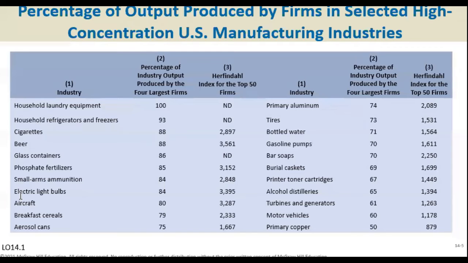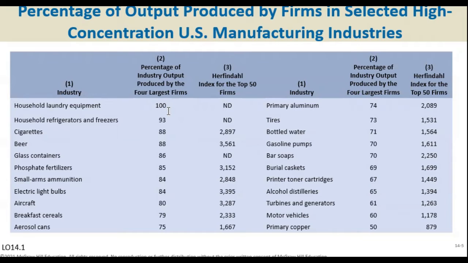So that being said, let's look at this table that displays a few high concentration US manufacturing industries. You can see, side by side, the Herfindahl index and also the 4-firm concentration ratio that represents the 4 largest firms.